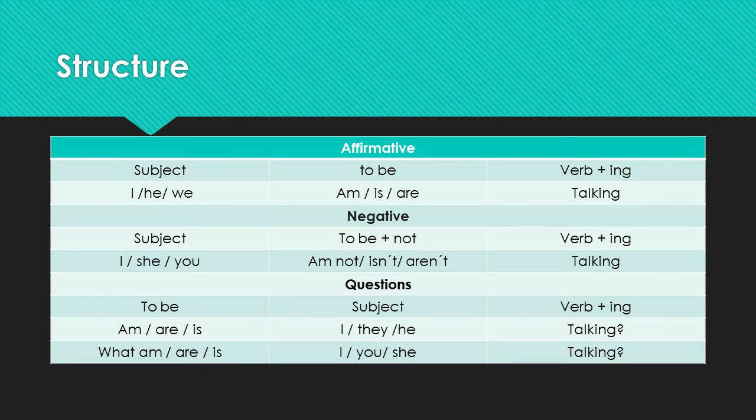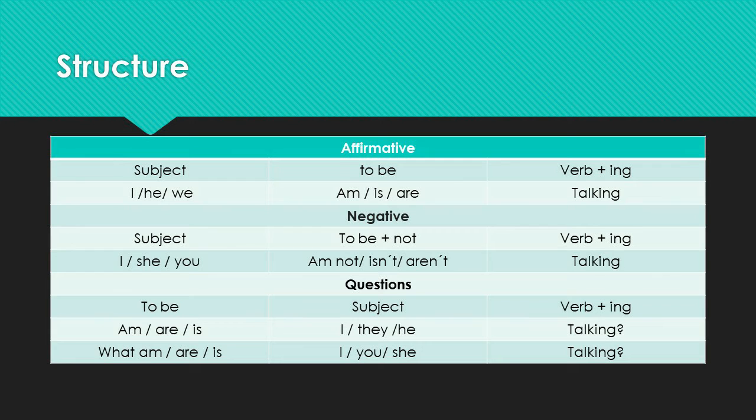Now, for negative, we always use the subject, the verb to be plus not, plus the verb with ing, right? So, for example, I am not talking. She isn't or she's not talking.